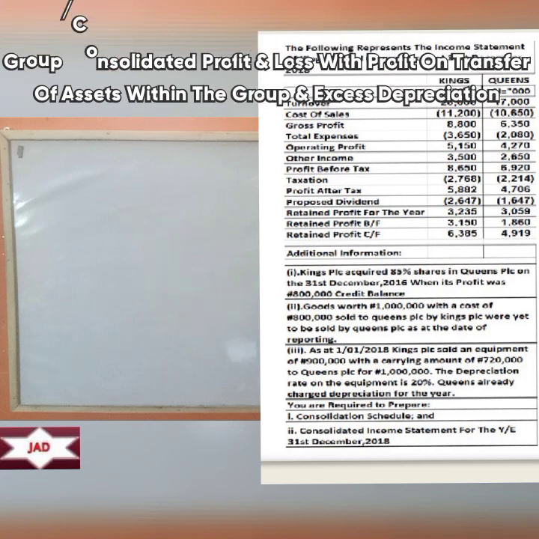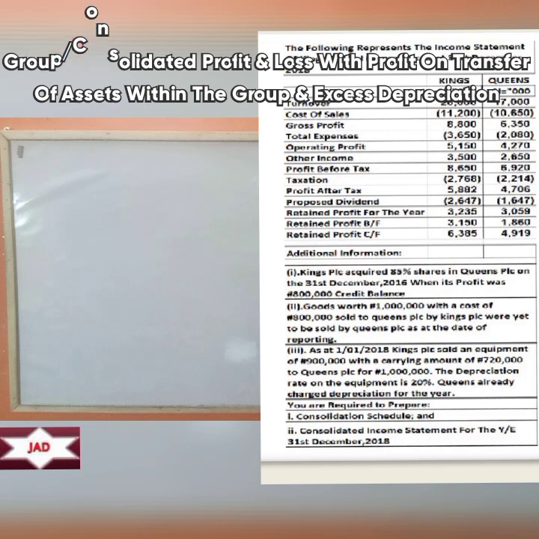profit carried forward. So the information says Kings PLC acquired 5% shares in Queens PLC in 2016 when its profit was 800,000 credit balance. Goods worth 1 million with a cost of 800,000 sold to Queens PLC by Kings PLC were yet to be sold by Queens PLC at the date of reporting.